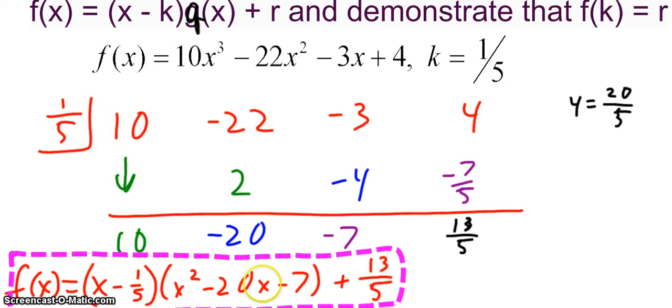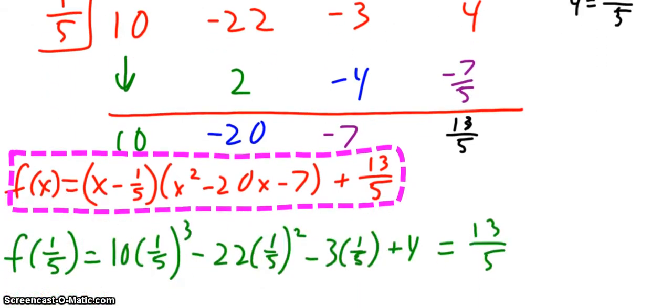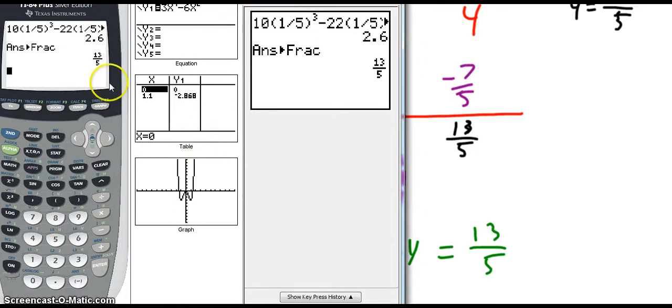So the point of this notation is, this is what we call the division algorithm. This was also in your notes. But if I was to multiply this out and add 13/5, I would get right back to this original form of the function. Now, the second part said, verify that f of k equals r. So I used my calculator for this. And on the calculator, I actually typed in 10 times 1/5 cubed minus 22 times 1/5 squared, and so on.